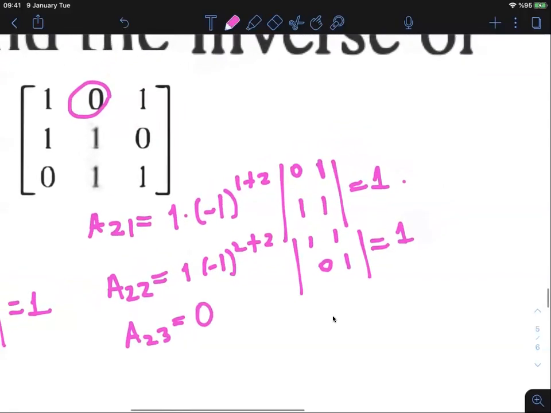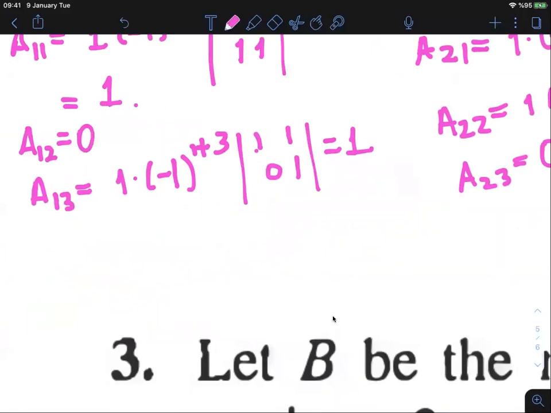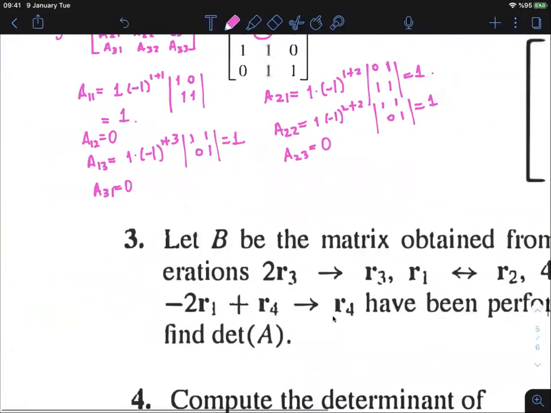Okay, let's do it for the last row. So what is A31? A31, you see it's just 0 because the corresponding entry is 0.